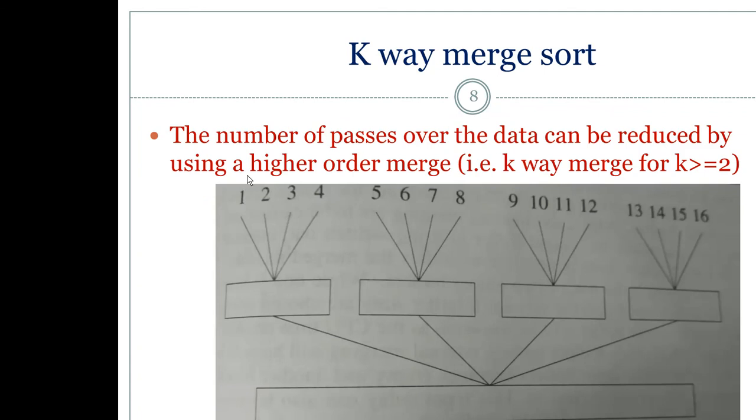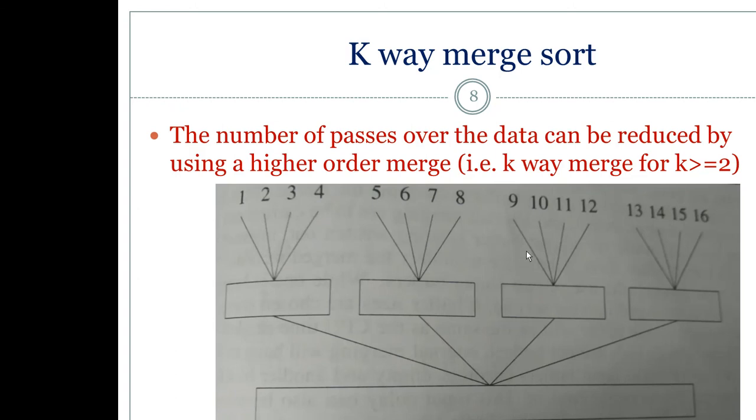Here again there is a simple example. Consider this is the output of pass 1. So the output of pass 1 is 16 runs, 16 sorted segments, and we have to apply external merge sort with the value of k as 4. It means the first 4 segments will be considered to merge, the next 4 segments will be considered to merge, and likewise, so for the 16 runs, there will be 4 runs as the output of pass 2.